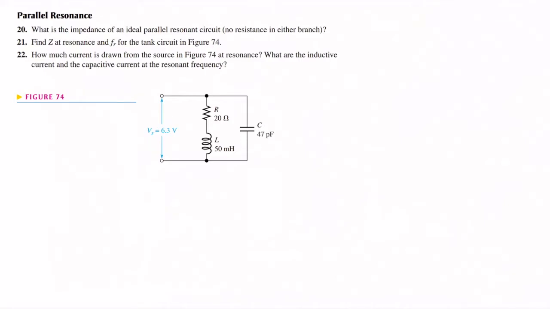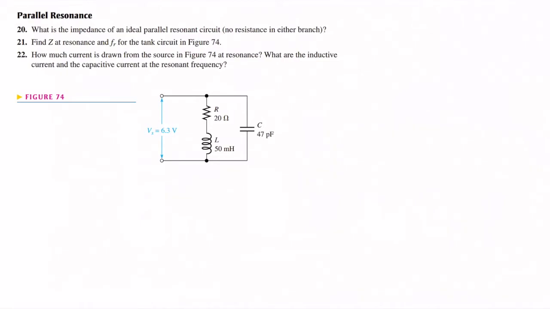And the reason for that is that both ZL and ZC, and the result of that, because the total impedance is infinite at resonance, the total current is zero.